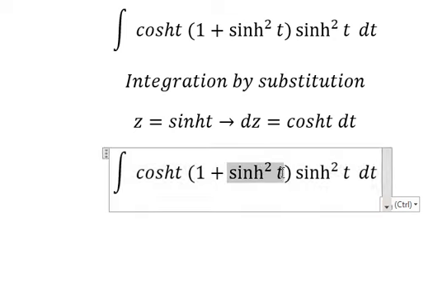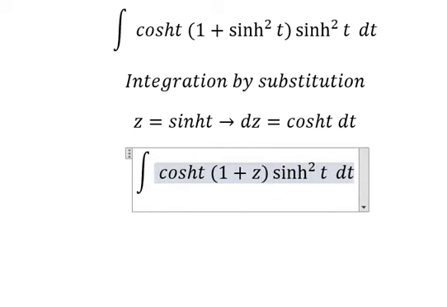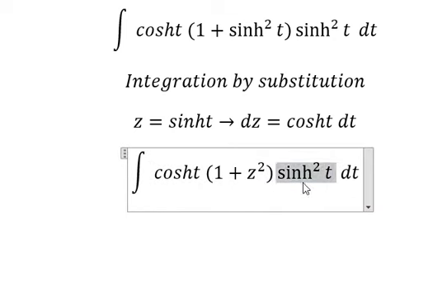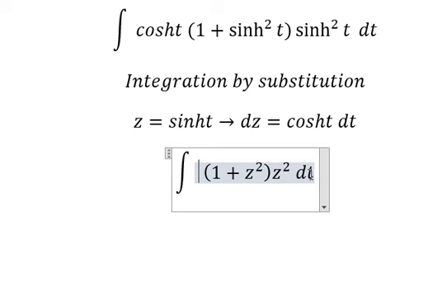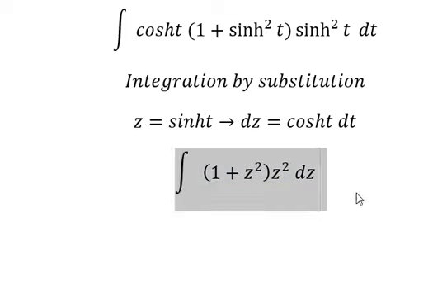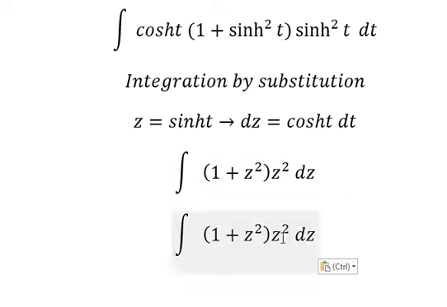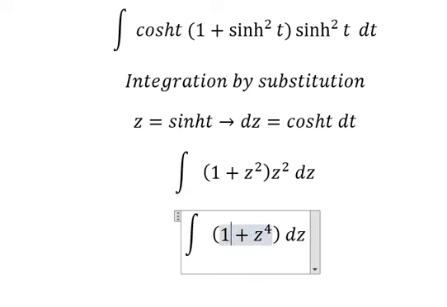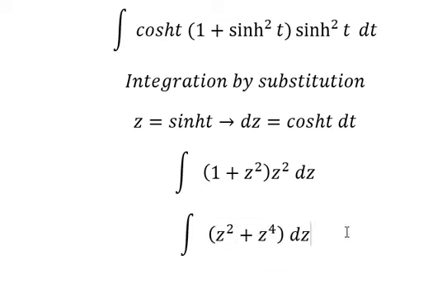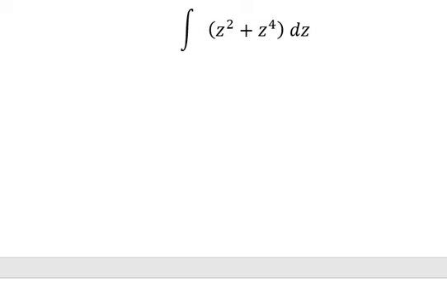So this one is z square. This one is z square. Cos t dt we change for dz. So z square multiplied by number 1 and z square in here. And now we have the formula in here.